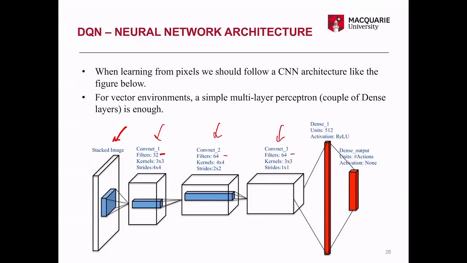Kernels are changing, and strides. We started from a stride of 4x4, and then get to 2x2, and then 1x1. And then finally, after flattening here, we have 512 units in our first dense layer, and then the ReLU activation, I believe it was ReLU activation, and the final layer has the number of actions. That's how this network was organized.